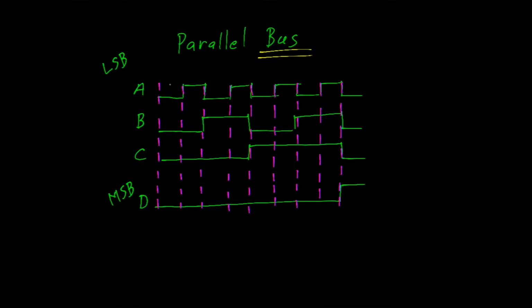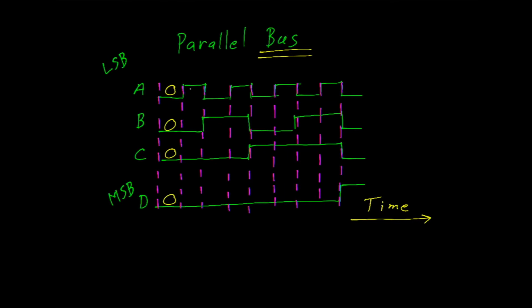In this first signaling event, right here, A is 0, B is 0, C is 0, and D is 0. I should have mentioned that this is a function of time.